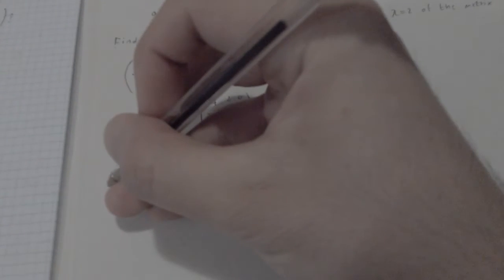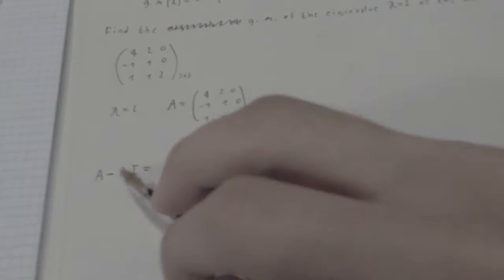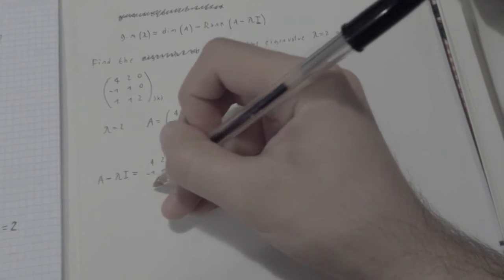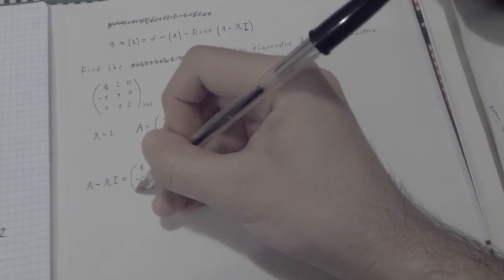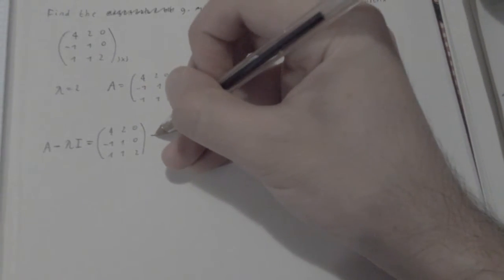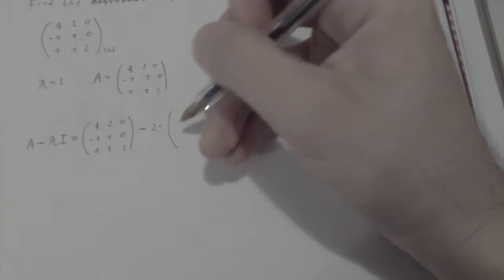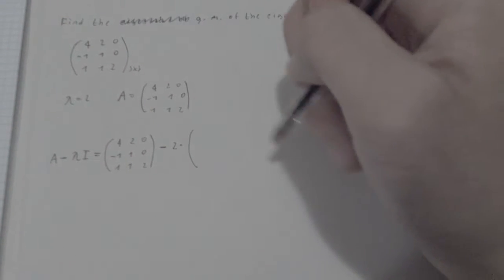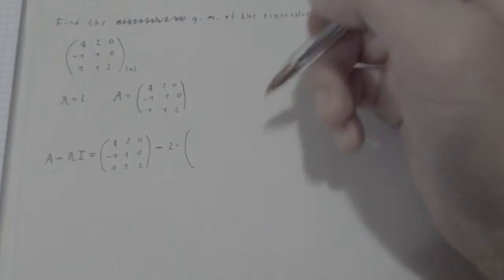So first things first, let's find A minus lambda I. We already know A, which is our matrix, 4 2 0, negative 1 1 0, 1 1 2, minus 2, which is the eigenvalue, times the identity matrix. Now the identity matrix is basically 1 over the main diagonal and 0 all over the place.